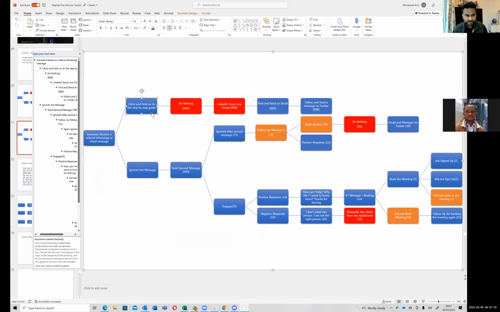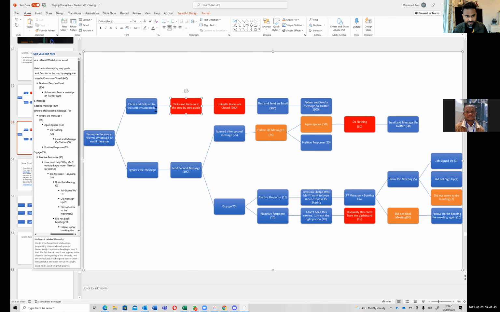So they click on the thing, they go to the, this is not the, this is actually the second step. So here it is basically clicks and gets onto the introduction message, right? And from here they click and get onto the step-by-step guide.